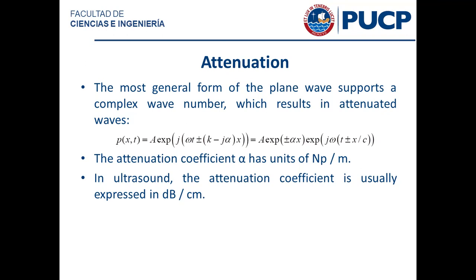That means that, for example, if we have something at the depth of 1 centimeter, it's round trip because we have to go from the transducer 1 centimeter deep, and then from 1 centimeter deep back to the transducer. That's 2 centimeters overall distance that the ultrasound wave has to travel.